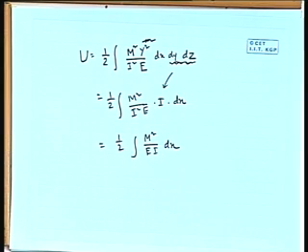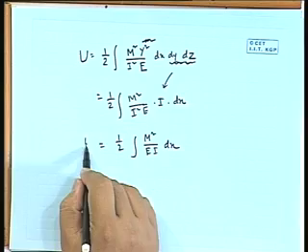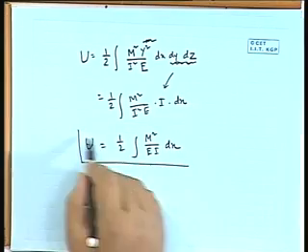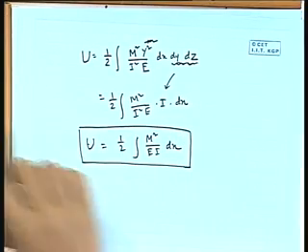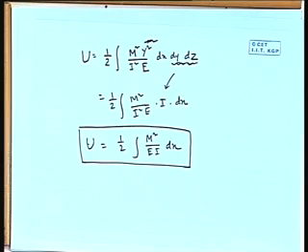Rather, this is a very common expression for the energy in bending, right. So, we have started with U equal to half sigma epsilon dx dy dz.